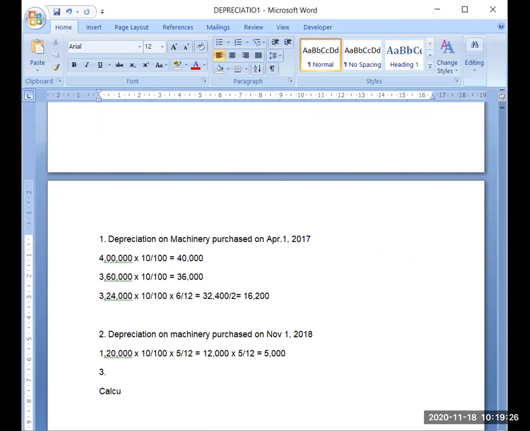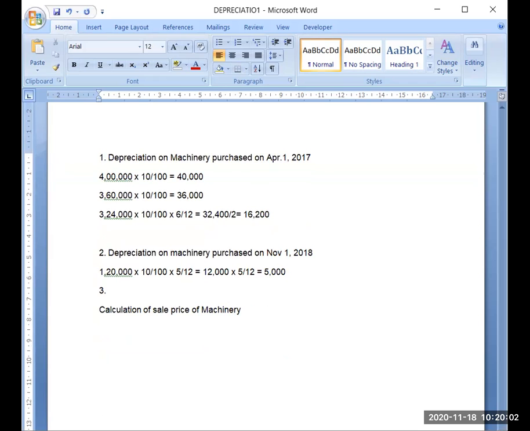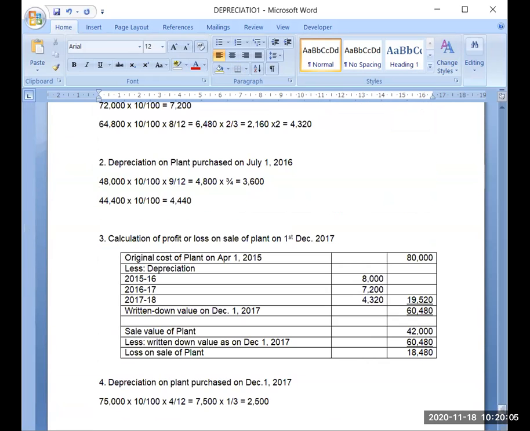Calculation of sale price of machinery. We will show it properly.